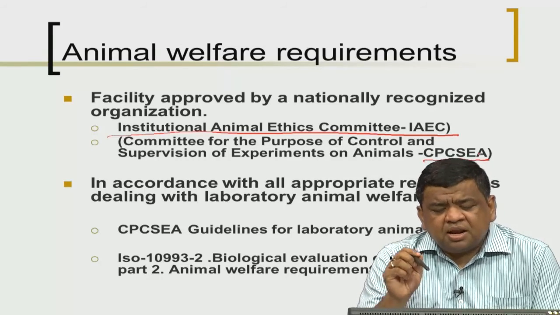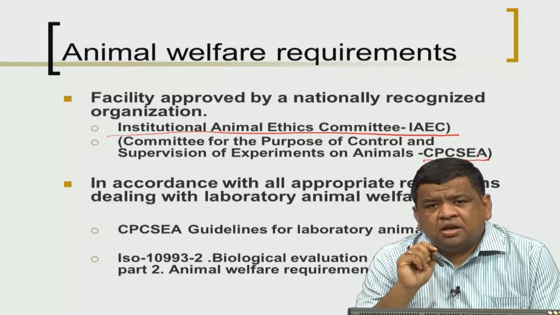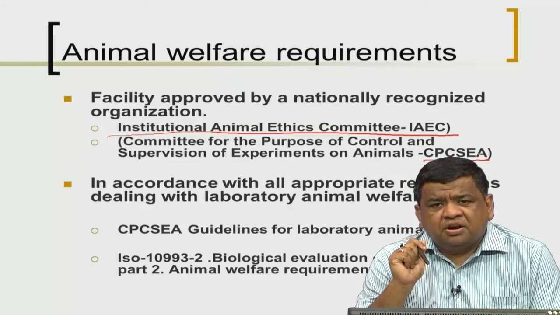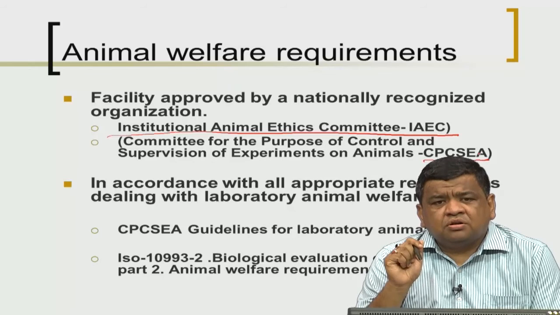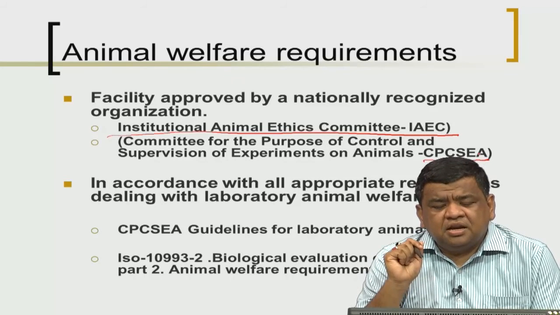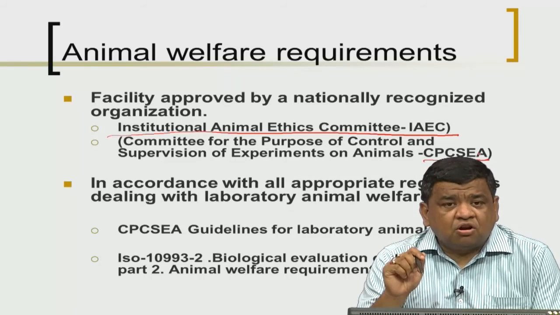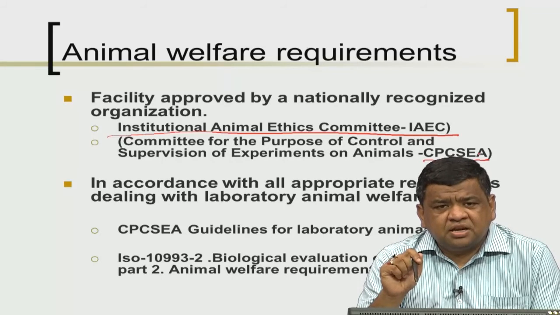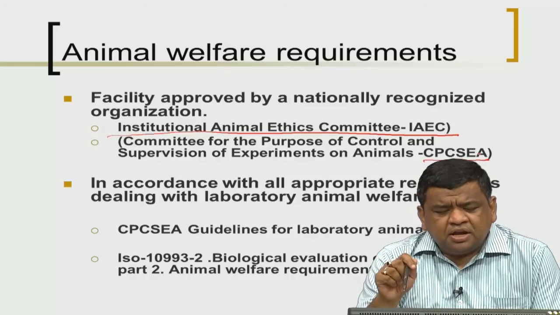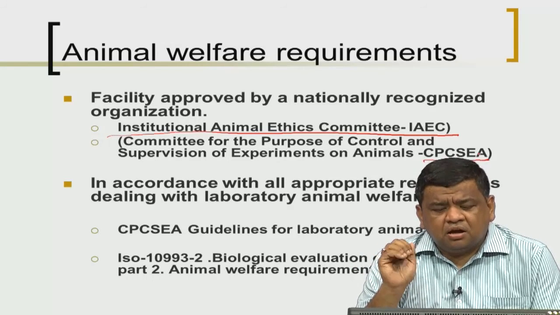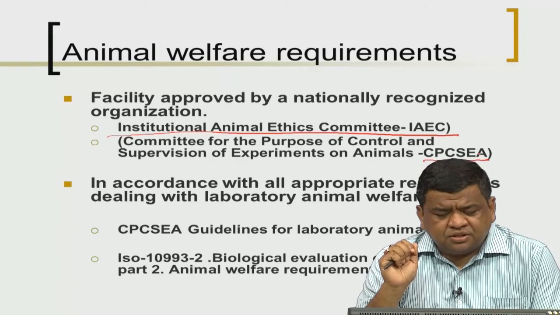Now, this animal ethical committee not only consists of a veterinary surgeon who actually does these animal experiments, but also consists of biologists, a lay person or common man from society, as well as a lawyer who knows the rules related to the animal ethical committee guidelines and so on.